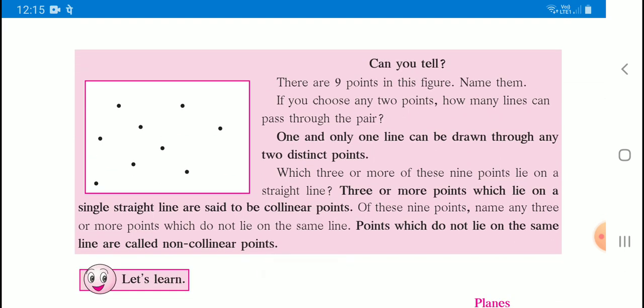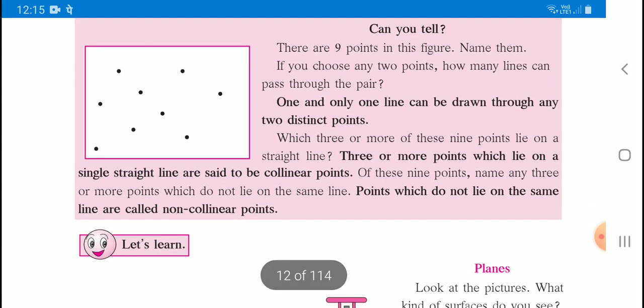There are 9 points in this figure. Name them. If you choose any 2 points, how many lines can you pass through the pair? If you join these 2 points by a line, then you will understand that one and only one line can be drawn through any 2 distinct points.